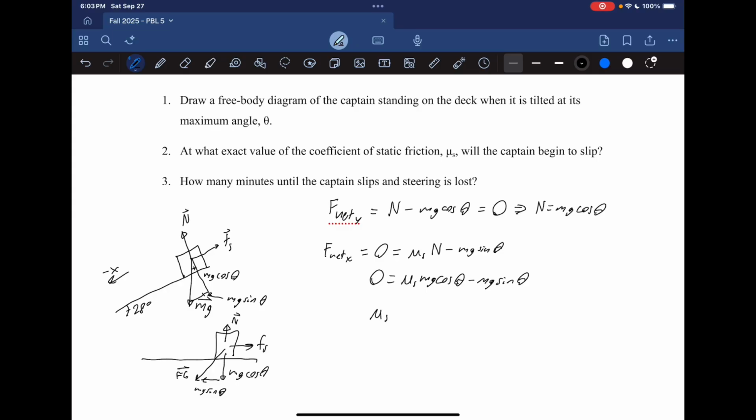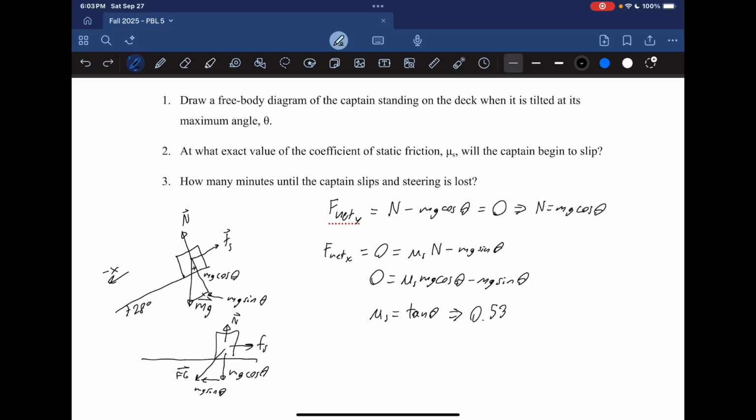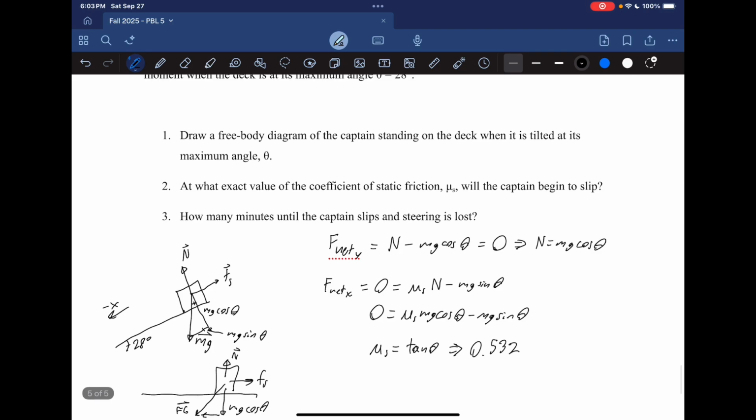So we have that mu sub s is equal to tangent of theta, with theta being that 28 degrees. If you plug this into the calculator, we get that mu sub s equals 0.532, and that is our static friction coefficient for question 2, which is the value at which the captain will begin to slip.